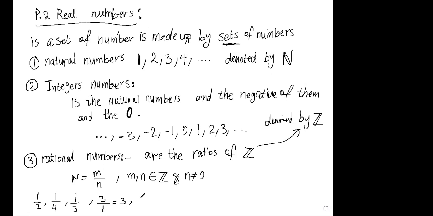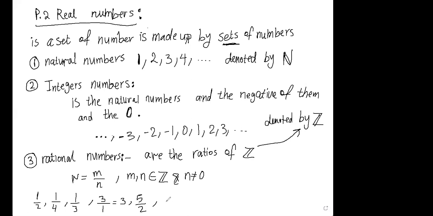What about 5 over 2? Is it a rational number? Yes. So any fraction like this, such that the numerator and denominator are both integer numbers, but the denominator must not equal 0.